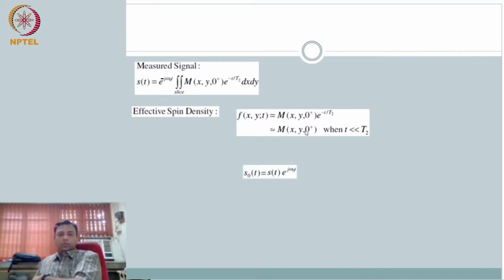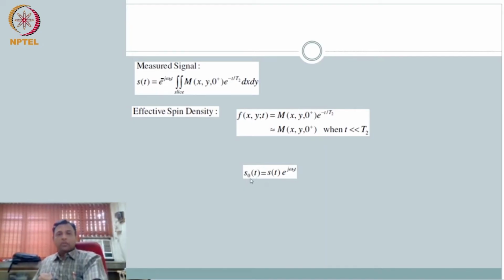Of course, I will not work with S of t directly. Almost all of the instrumentation, all of the MRI signal acquisition and processing, works with the demodulated signal. So we'll use the baseband.